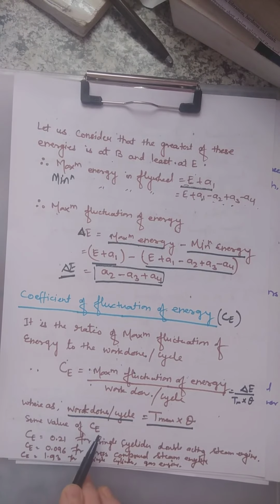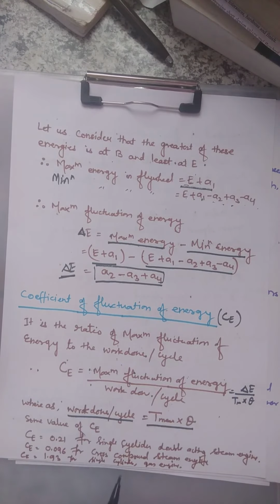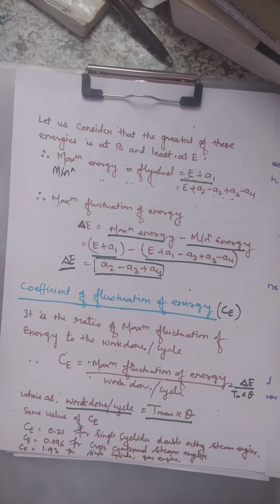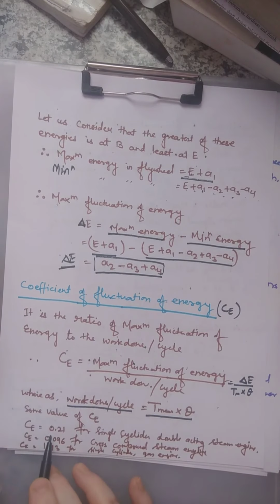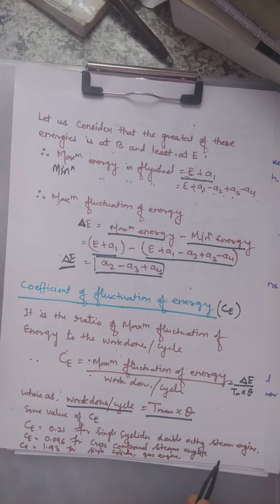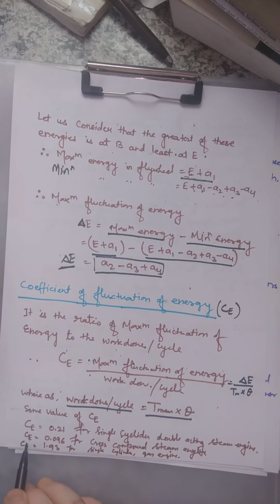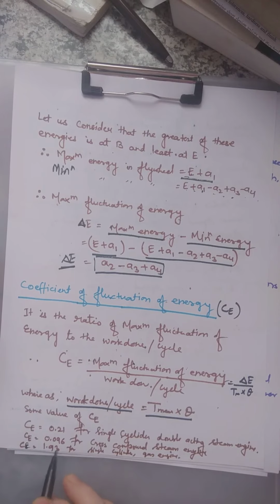Some values of C, the coefficient of fluctuation of energy, for example: C is 0.214 for a single cylinder double acting steam engine, for a cross compound steam engine it will be 0.096, and for a single cylinder gas engine it will be 1.93.